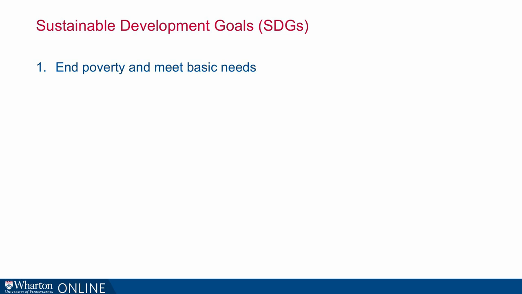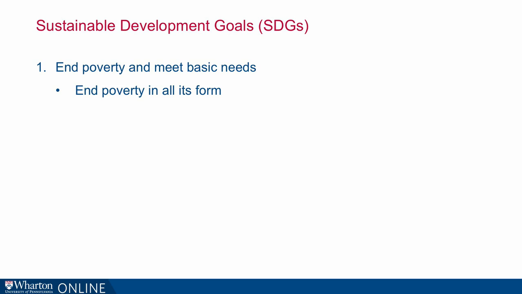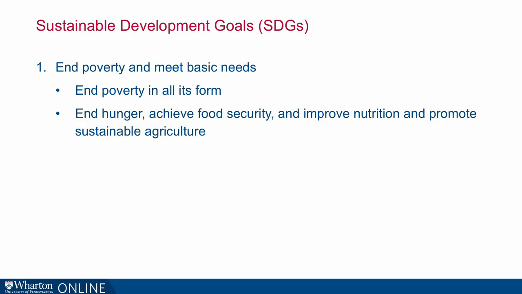I find it helpful to put them into buckets or categories, much like the ones I just described. So the first bucket of these 17 goals is to end poverty and meet basic needs. So what are some of the goals that the UN has advanced? End poverty in all its forms, end hunger, achieve food security, and improve nutrition and promote sustainable agriculture.